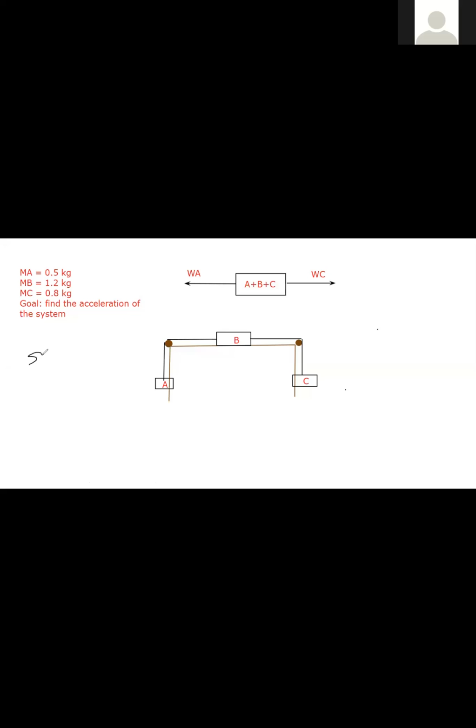The sum of the forces in the X equals m a X. WC minus WA equals (mA plus mB plus mC) aX. So remember, WC is going to be 0.8 times 9.8, and WA is 0.5 times 9.8.